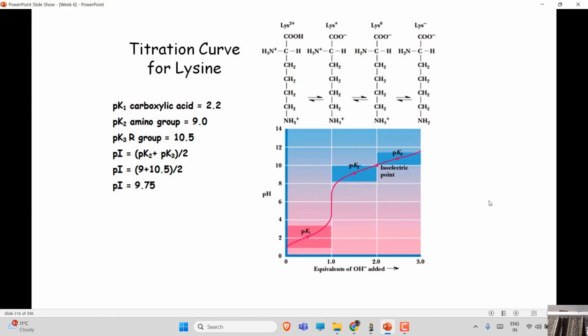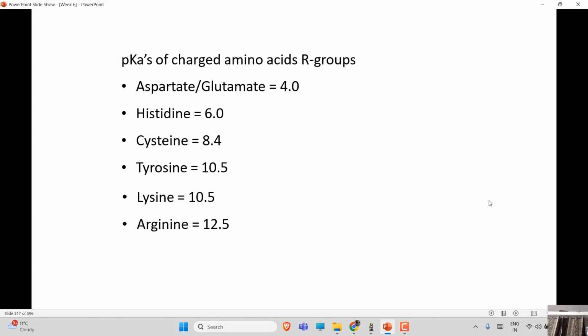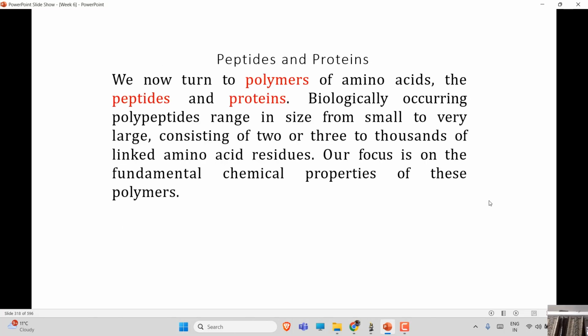This is the titration curve for lysine. pKa1 carboxylic acid is 2.2, pKa2 amino group is 9, pKa3 R group is 10.5, and pI will be pKa2 plus pKa3 by 2. Now, pKa values of the ionizable side chain groups: aspartate, glutamate, histidine, cysteine, tyrosine, lysine, arginine. Right, so they have their own pKa values.